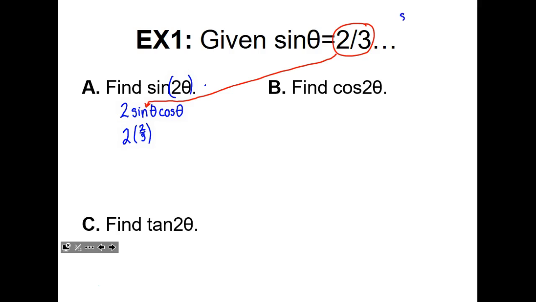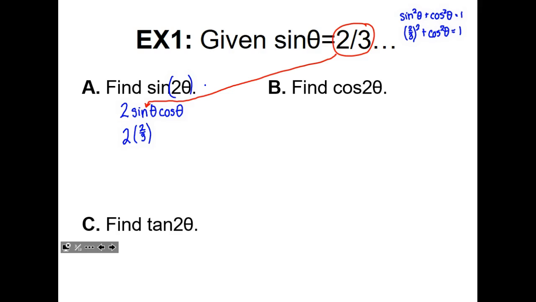I could do sine squared theta plus cosine squared theta equals 1. So that would be 2/3 squared plus cosine squared theta equals 1. This is more like what you're going to see on the test because it's not going to be calculator active. So this I would expect you to be able to do by hand without a calculator.